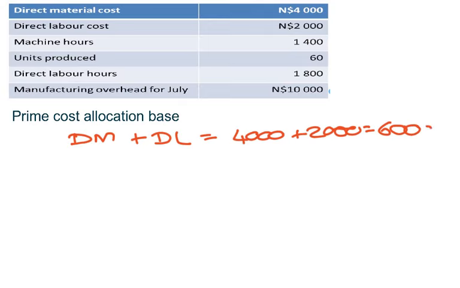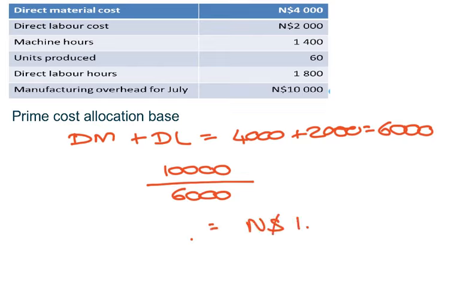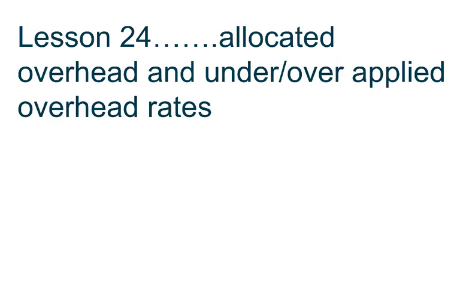So in this one, I will use my manufacturing overheads of 10,000 divided by 6,000 in prime cost. My calculation will give me 1.67, and this means for every $1 of prime cost, I plan or estimate, and I will apply then $1.67 in manufacturing overheads.